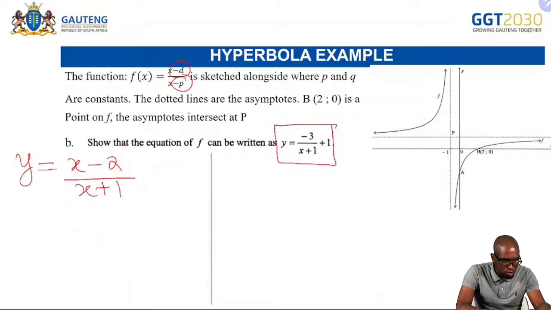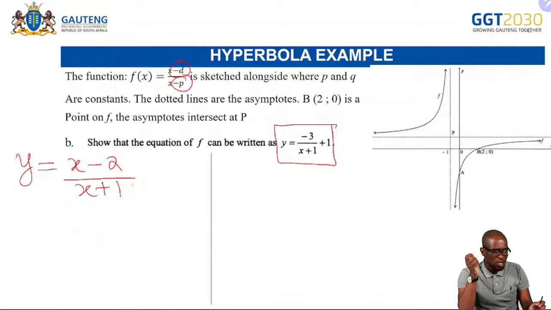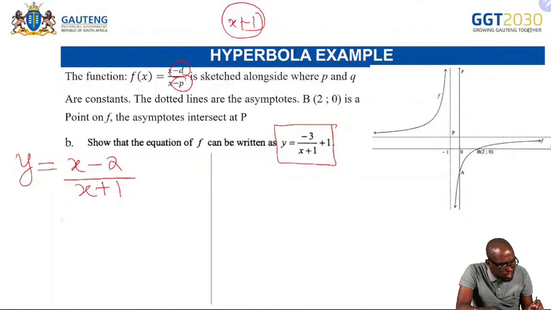The best way to do it would be, you look at the denominator, you should be guided by the denominator, and you express your numerator in terms of the denominator, so that these two can divide out. So in order for me to have something that would divide out x plus 1, I need to have x plus 1 in the numerator.